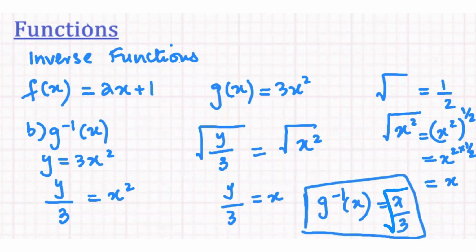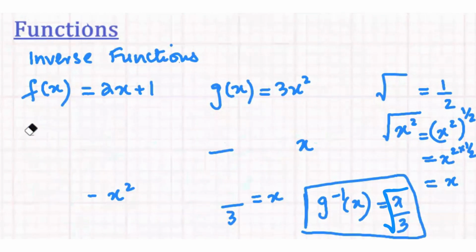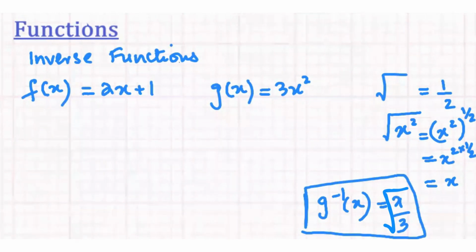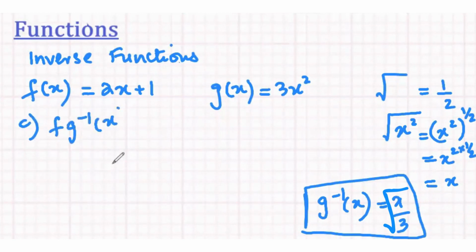What they can do is they can ask you to find composite functions with the inverse and the original function. Steps would exactly be the same if they were asking you to find, let's say, f of g inverse of x. So we know g inverse is the square root of x over 3, and f of x is 2x plus 1.